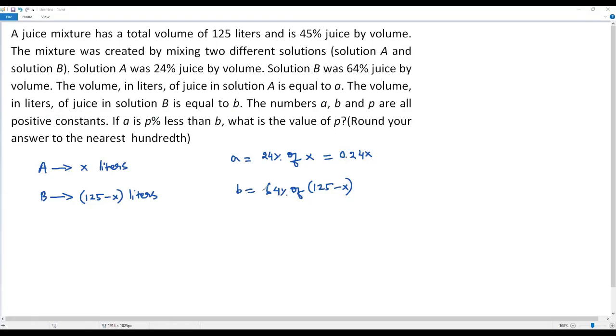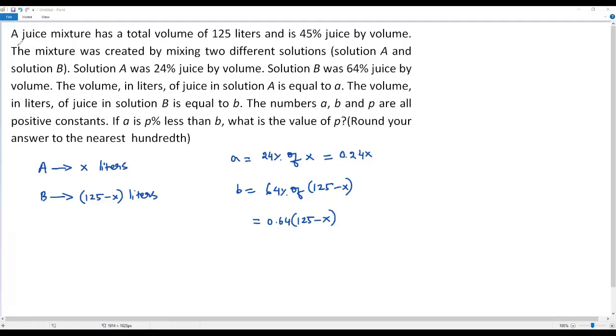Then we have B equals to 64% of 125 negative X. And here we can write this 64% as a decimal, then we get 0.64. And for of, we can consider multiplication, then we have 0.64 times 125 negative X.